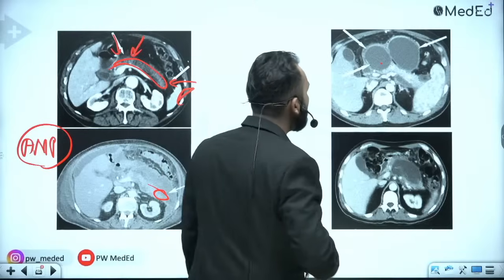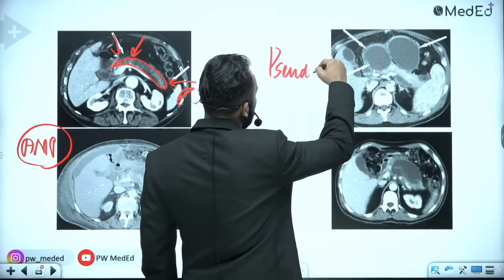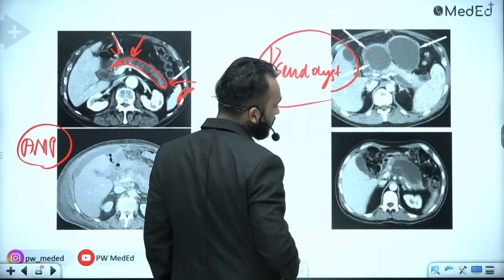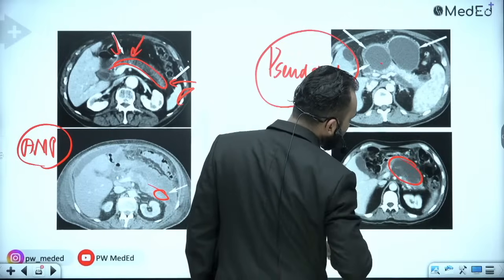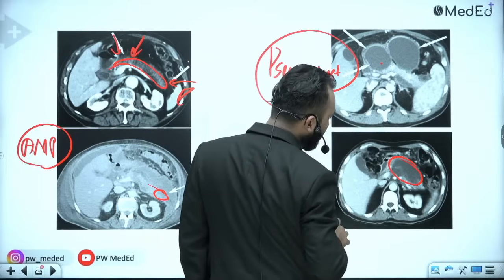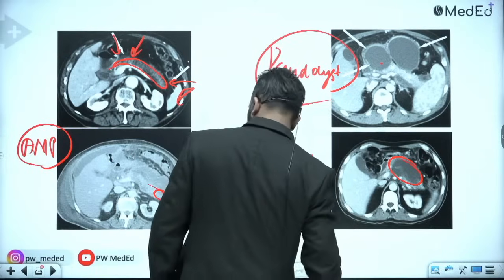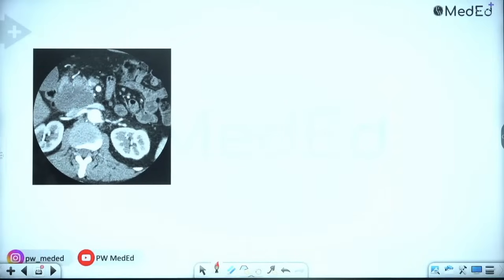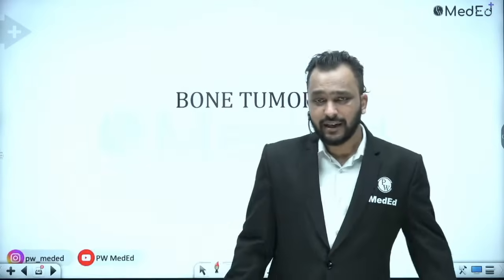So this is a pseudocyst of the pancreas. And when this walled off collection is seen within the pancreas, this will be a case of walled off necrosis. So we are done with the hepatobiliary imaging as well.